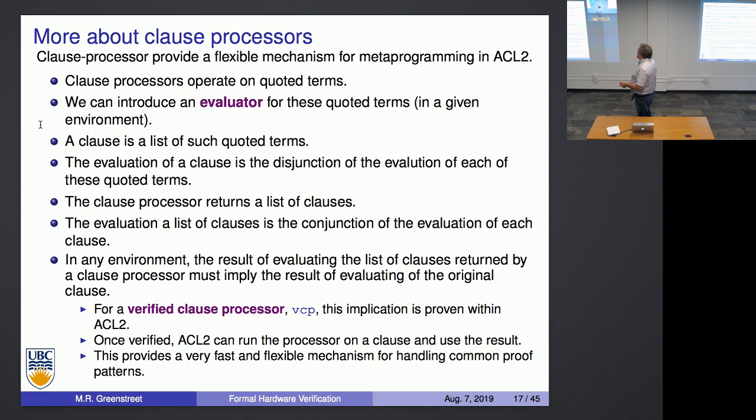And in any environment, the result of evaluating the list of clauses returned by the clause processor must imply the result of evaluating the original clause. That's the proof you have to make. By the way, if a clause processor returns an empty list, it's discharged the goal, since nothing is sufficient to imply the original goal. Or it can return multiple subgoals.